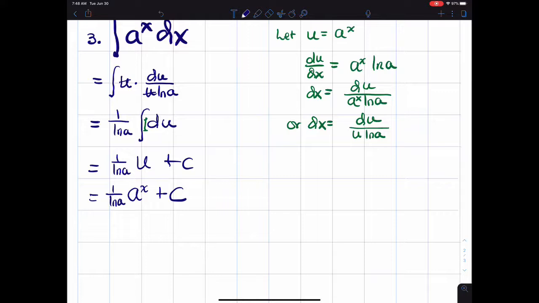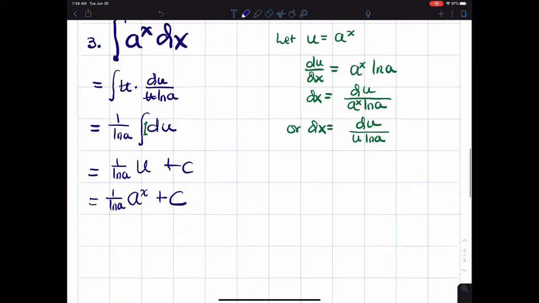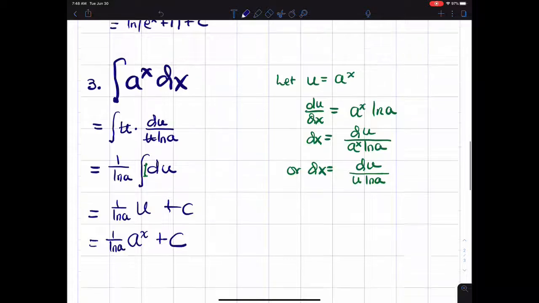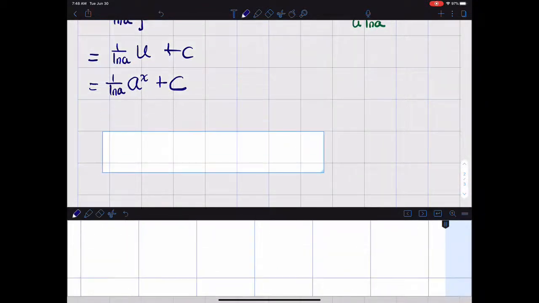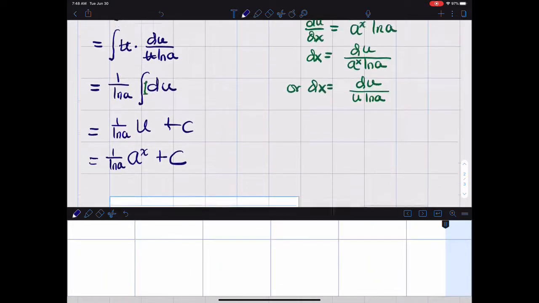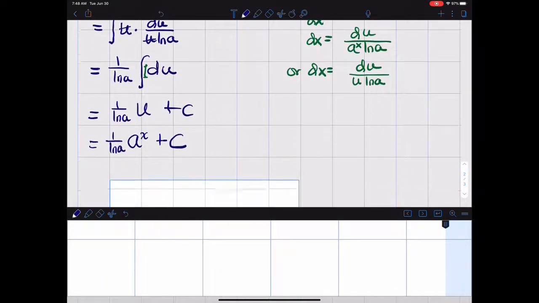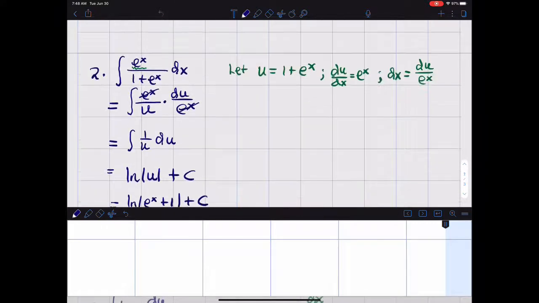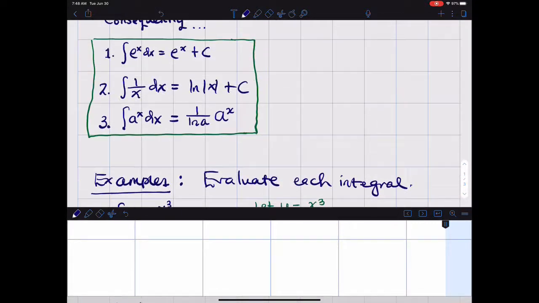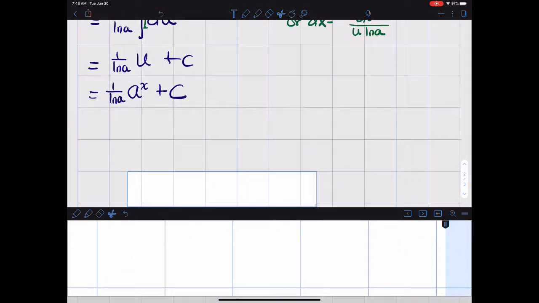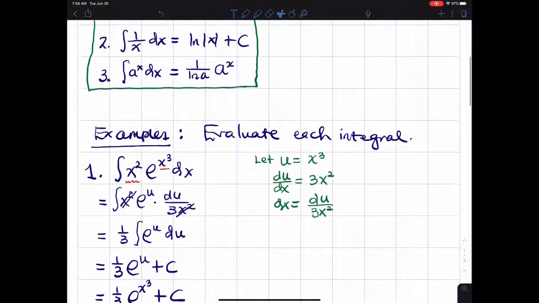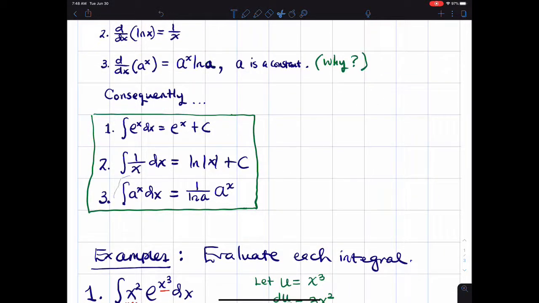Do we need to do one more? Let's see if we can do one more. Okay, so let's try another problem. But before we try another problem, I want us to know that this solution is very, very useful. I already put it in a box, but I'm gonna put it in its own box again.